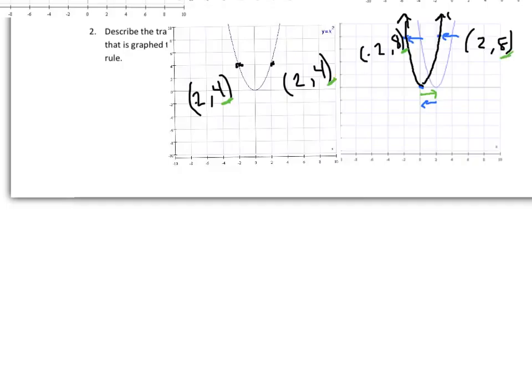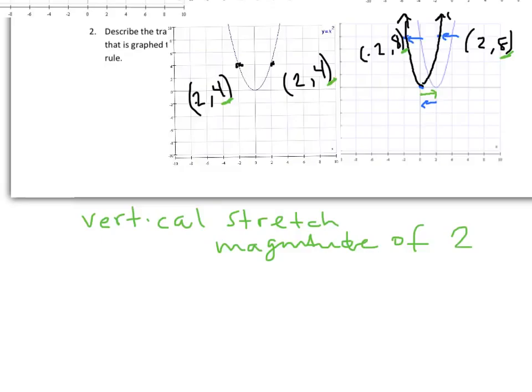So I have 2 things that are happening here. I have a vertical stretch by a magnitude of 2. And I also have a translation two units to the right.